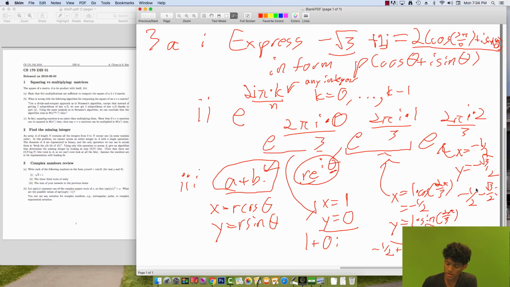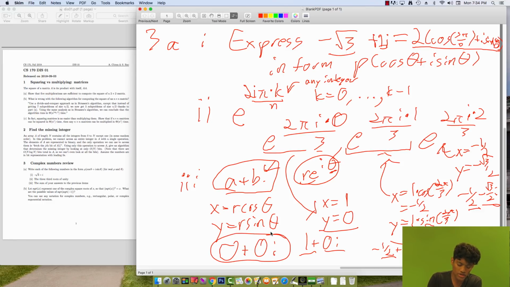Okay, now let's see what happens when we sum them up. 1 plus negative 1/2 plus negative 1/2 is 0. And 0 plus root 3 over 2 plus negative root 3 over 2 is 0. So we can see that the sum of all our answers to part 2 is 0. And actually, you'll find that whenever you have the nth roots of unity, if you sum them all together, you're always going to get 0.